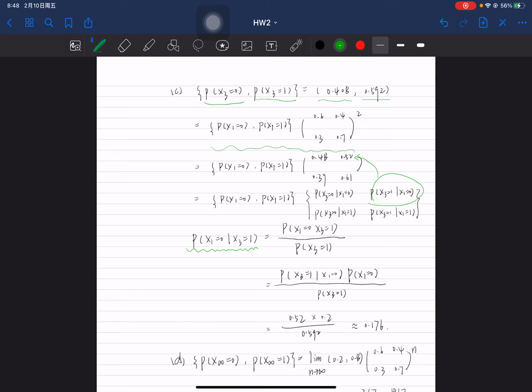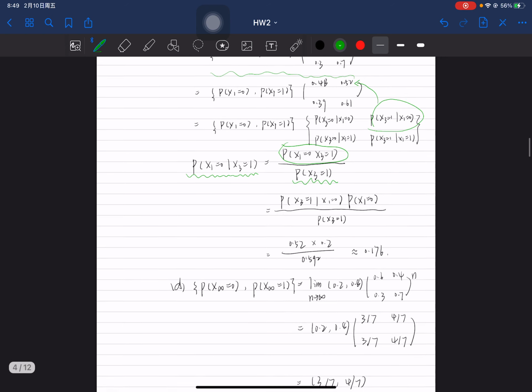The conditional probability of x1 equals 0, assuming x3 equals 1, equals the probability of x1 equals 0 and x3 equals 1 both occurred, divided by the probability of x3 equals 1.